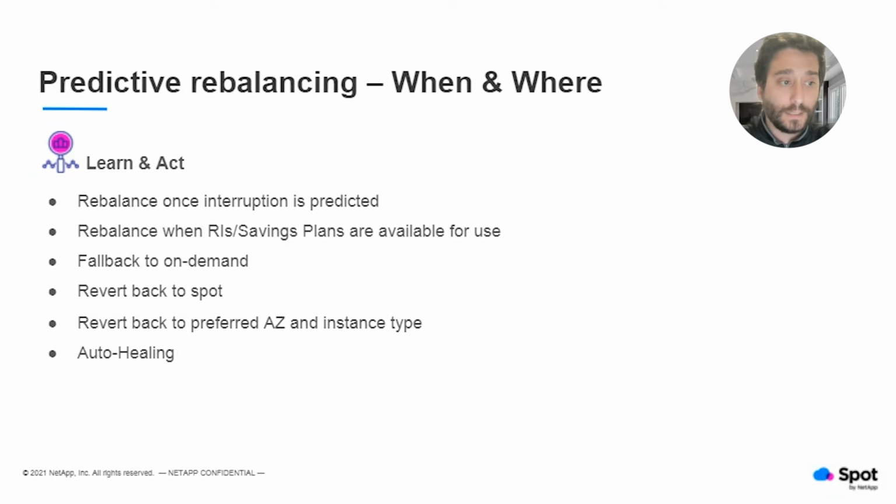The last thing that uses predictive rebalancing is auto-healing. So when an instance becomes unhealthy, predictive rebalancing will rebalance this instance and replace it to launch a new one, hoping that it will be healthy. So this is when predictive rebalancing is happening in Elastigroup.